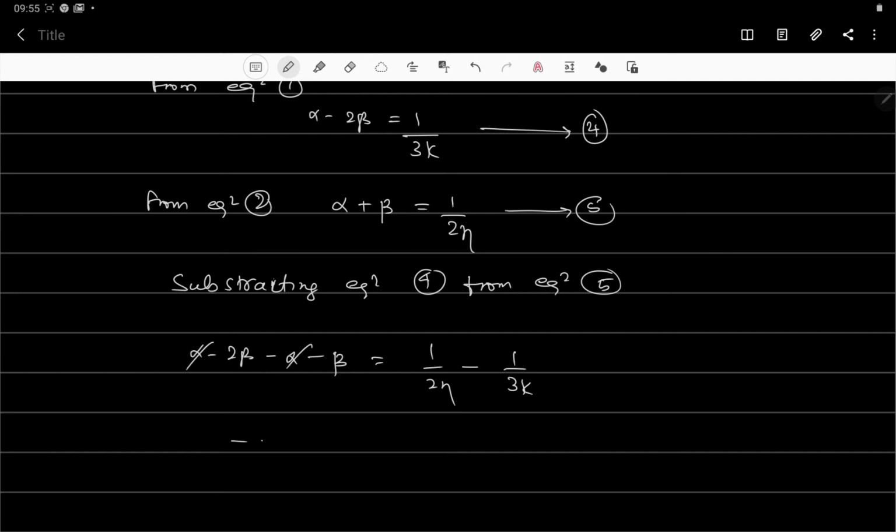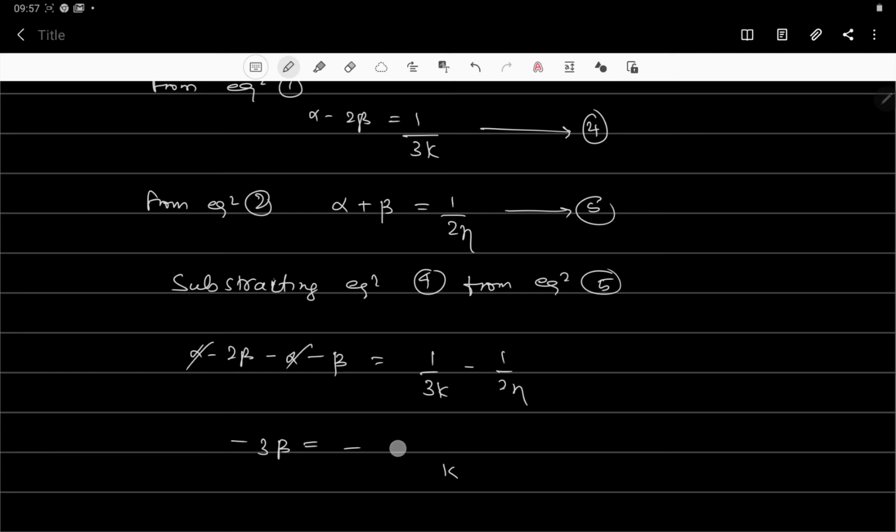What remains is minus 3 beta equals 1 by 2 eta minus 1 by 3k. Sorry, the signs: let us write it once again, taking 1 by 3k minus 1 by 2 eta.